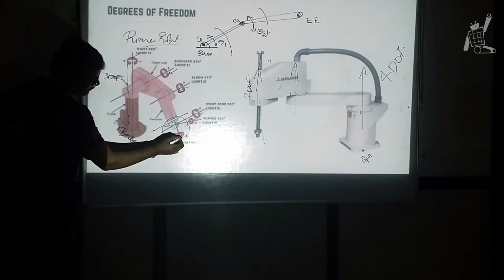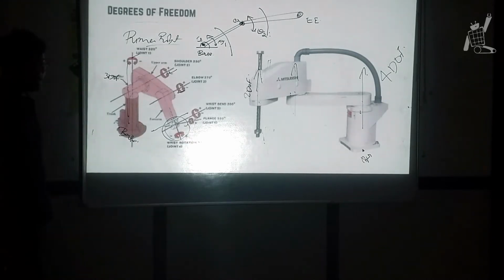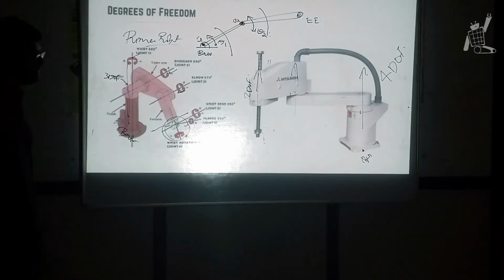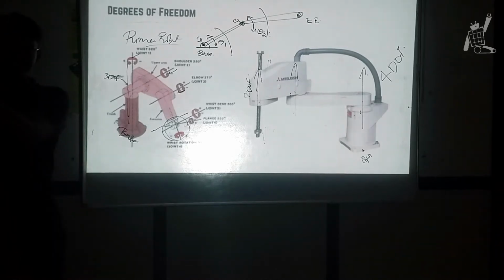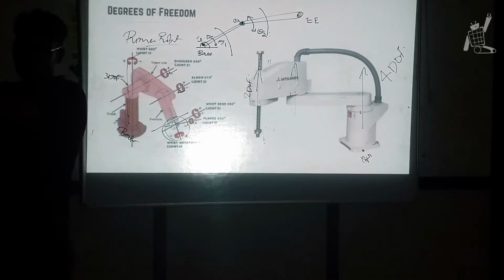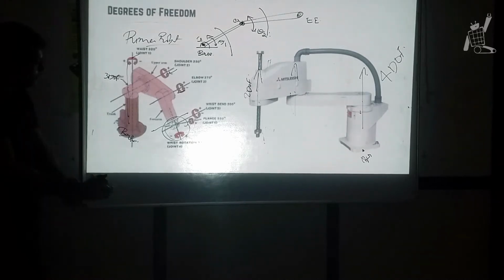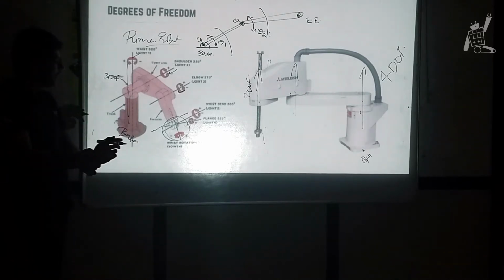This end effector also has 3 degrees of freedom, like the wrist of our hand. It can move up, left, and all the 3 motions are there. Till this point is our manipulator. This arm is considered the end effector, which we usually do not include when we say robot manipulator.